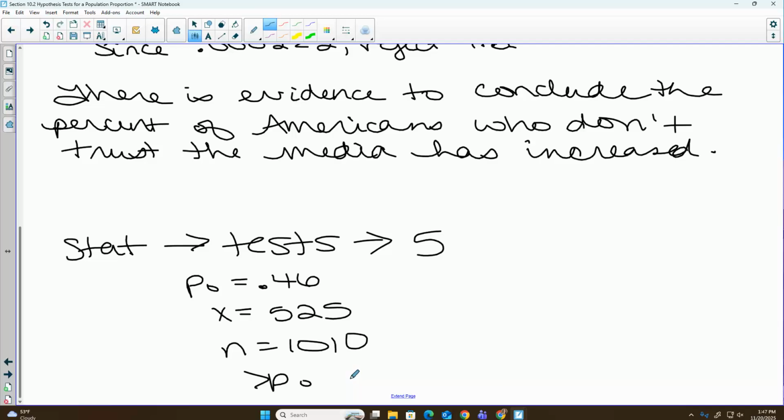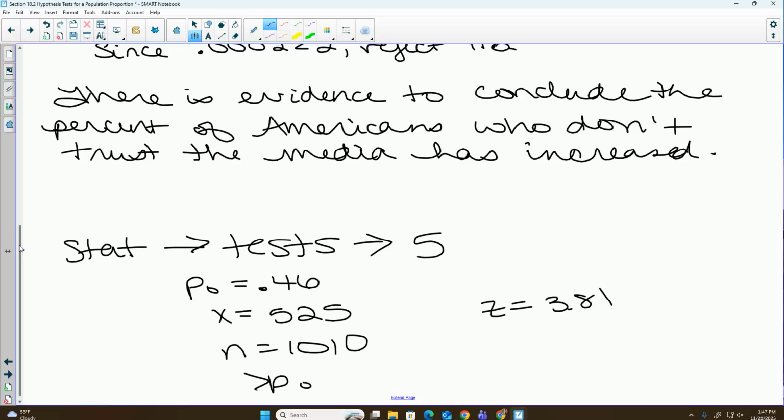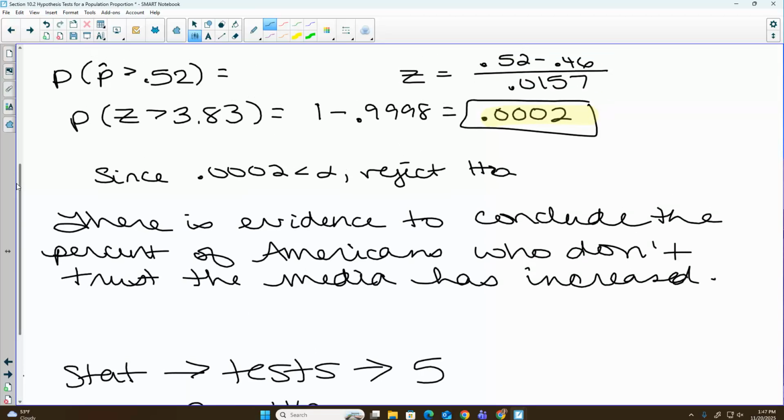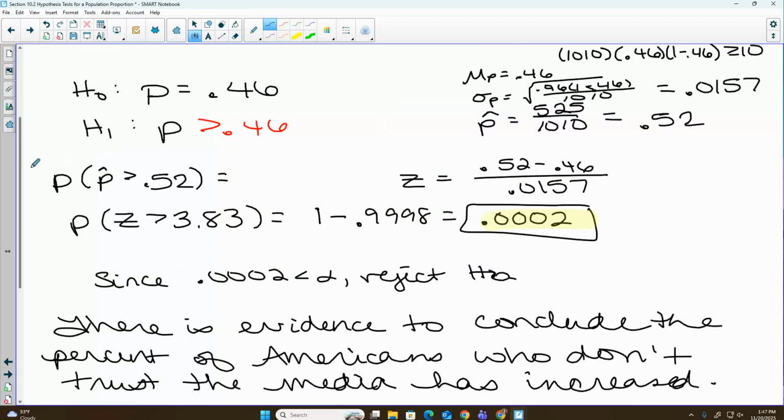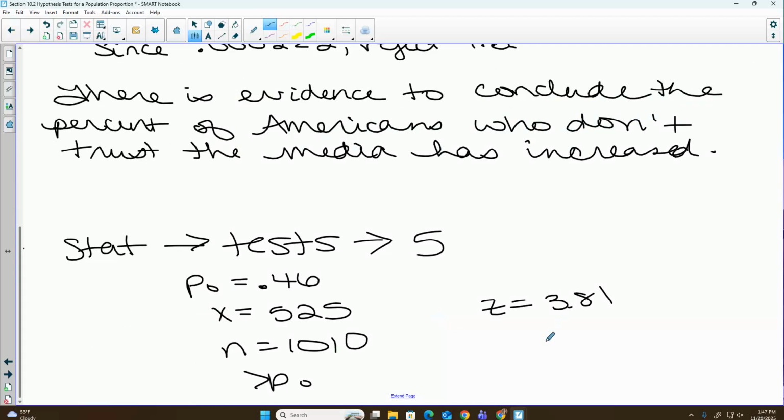Draw will draw you a picture of the normal curve with it shaded, to kind of have that visual. But it tells me my Z is 3.81. Does that look familiar? Yep, ours was off a little bit because we rounded our P hat, but it's close. And most importantly there, it tells us the probability.